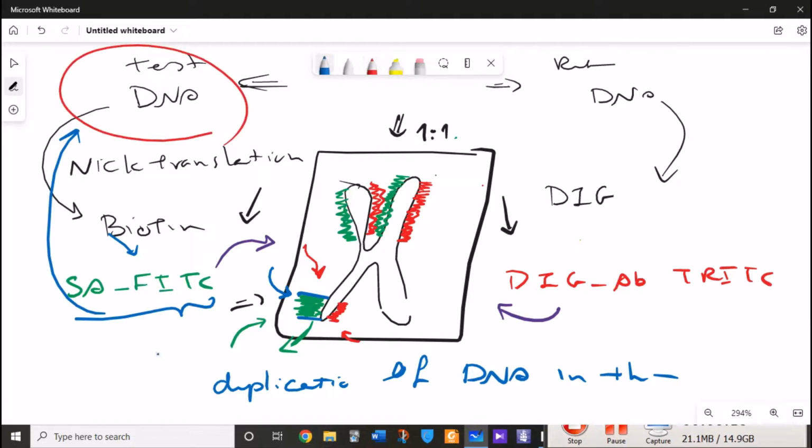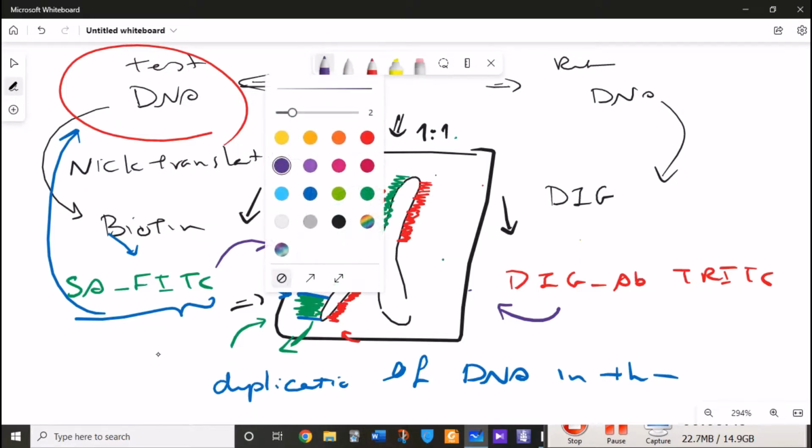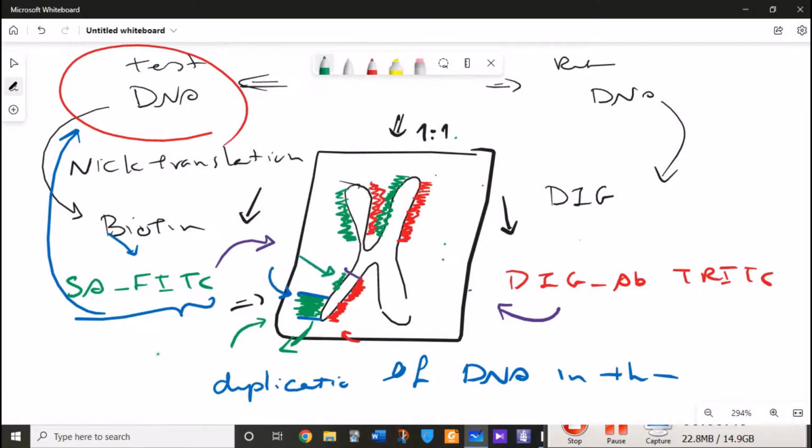And in some regions, for example here, we have a reduced green to red ratio that is a result of deletion in this region in tumor cells, because there are fewer representatives of this region in the test DNA than of this region from the reference DNA.